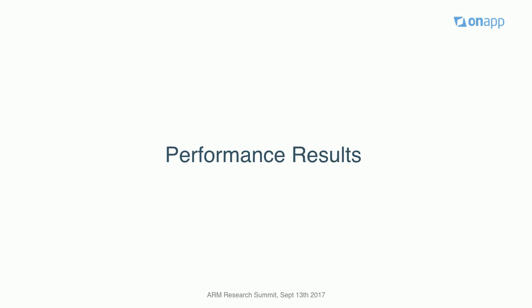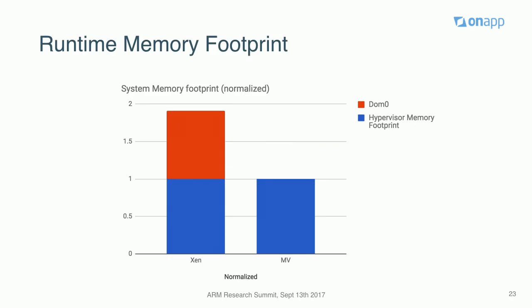I'm running out of time here, so I'll just very quickly show some performance results. First of all, the memory footprint is significantly reduced. This is a big win, particularly for the ARM base for the Samsung Exynos processor, which is quite memory limited.